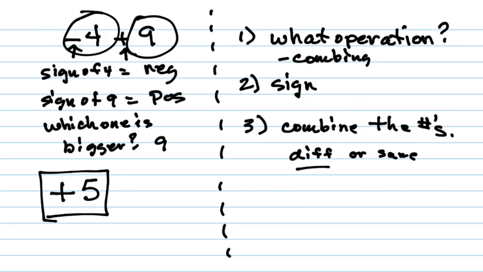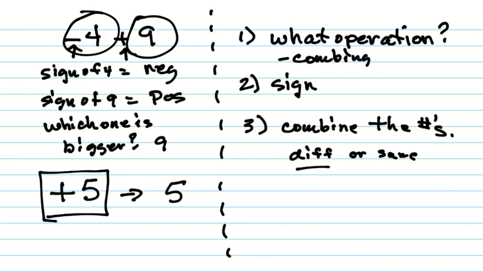Now, do I need to write the plus in front? No. I would just write 5. But because we're now algebra students, when you say it, what are you going to say? Positive 5. Right? The more you say something, the more you get it into your head that the way it should be, right? Okay? So positive 5.